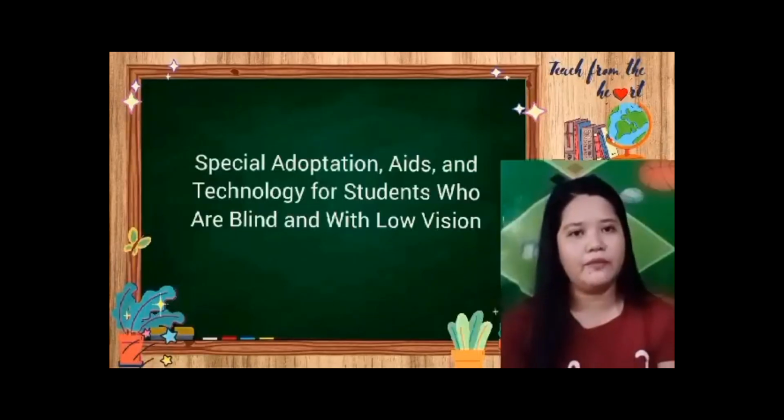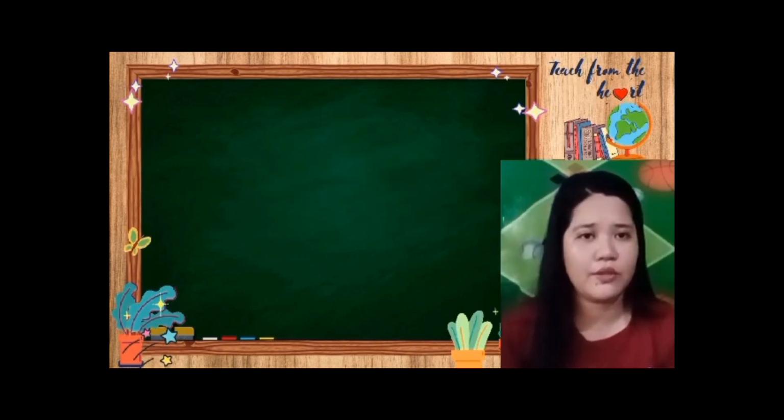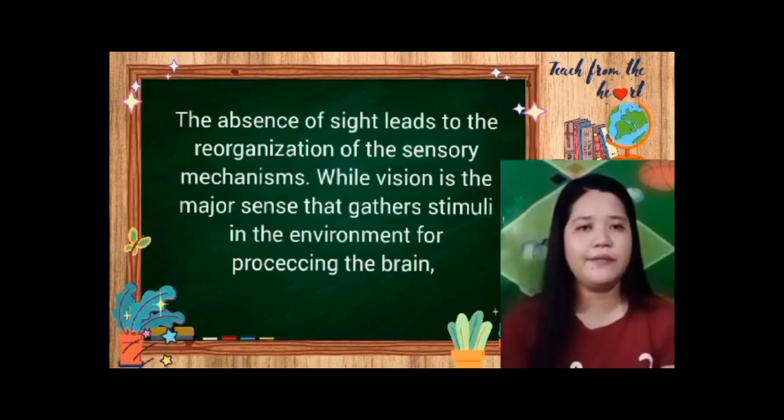Good morning, everyone. I am Miss Catarig, and I am going to discuss special adaptations, aids, and technology for students who are blind and with low vision. The absence of sight leads to the reorganization of sensory mechanisms.